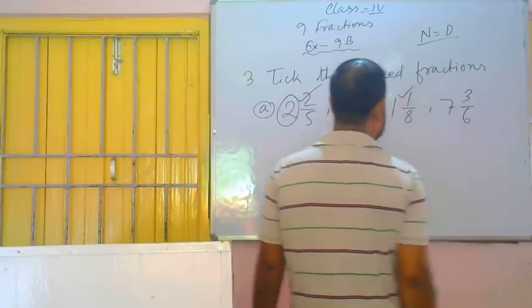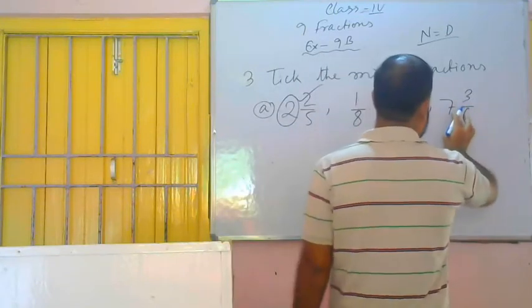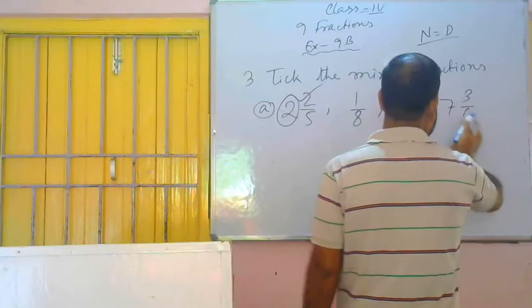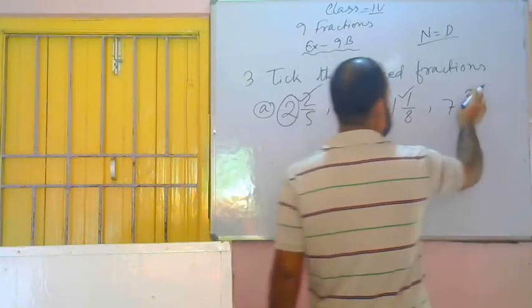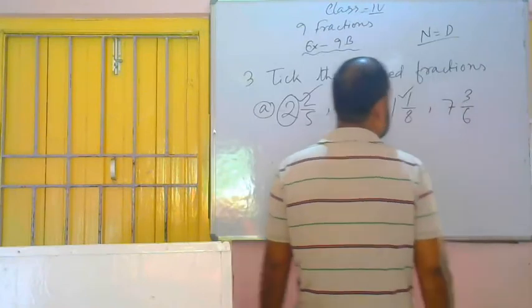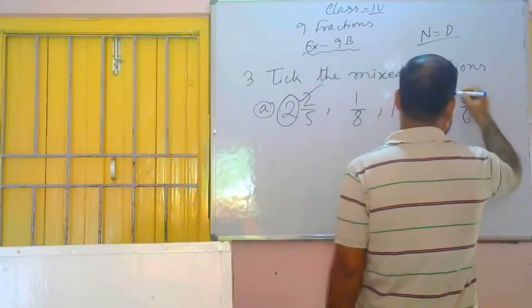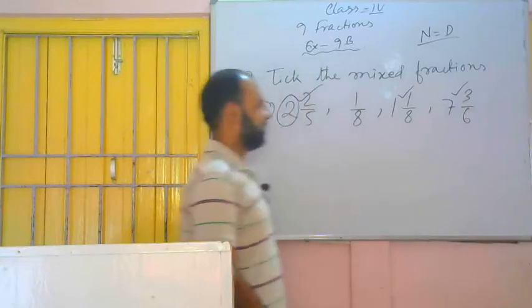We take this one. Next, 7 3/6: 7 is the whole number and 3/6 is a proper fraction, so this one is also a mixed fraction.